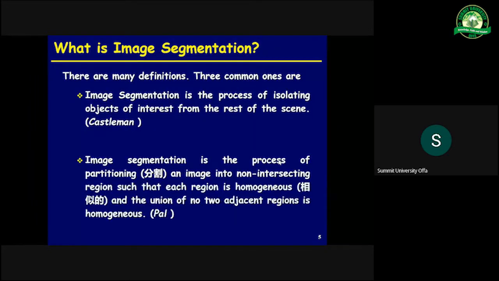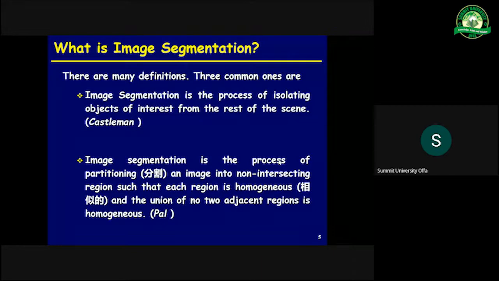Let's look at another definition, which is from Pal. The definition goes thus: image segmentation is the process of partitioning an image into non-intersecting regions, such that each region is homogeneous. I want you to take note of those words, non-intersecting regions.